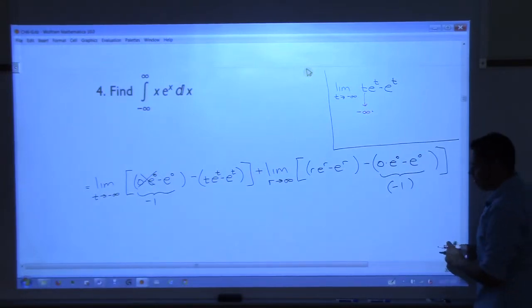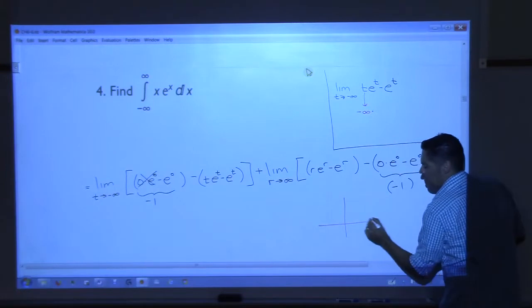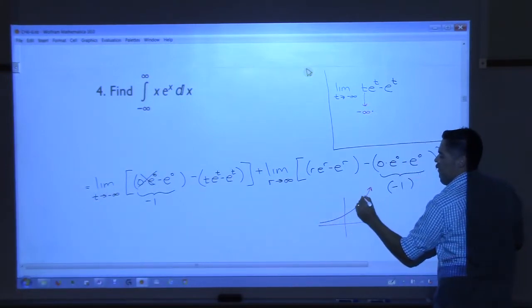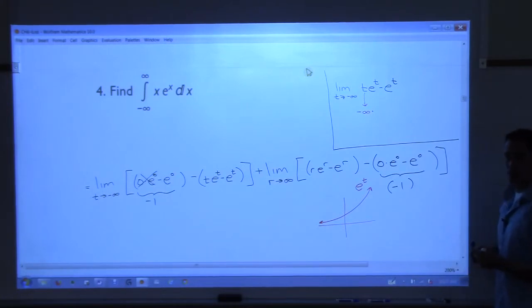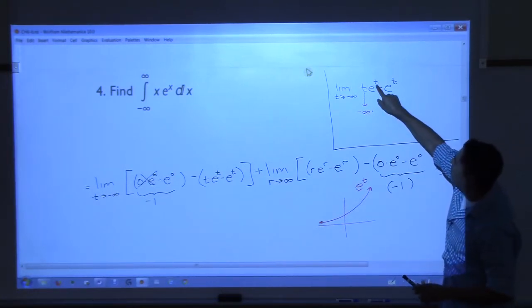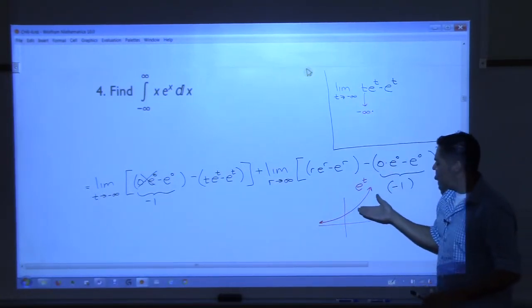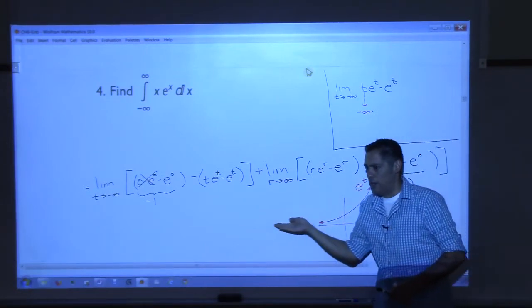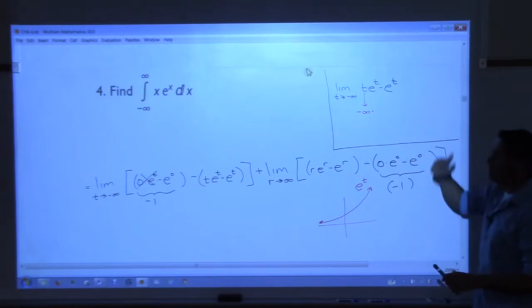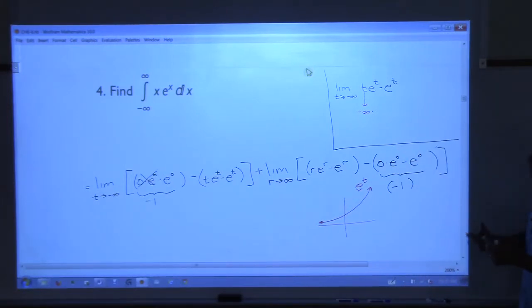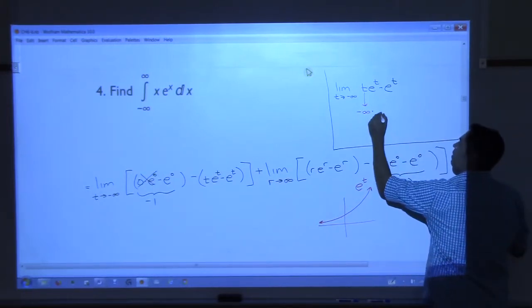So there's kind of two ways you can look at this. If I were to ask you to graph e to the t, this would be e to the t, right? That's your basic exponential function. But if you're letting t go to negative infinity, you're saying what happens to this function as we go to negative infinity? It goes to 0, which is the same as looking at it as 1 over e to the positive infinity, either way. But that goes to 0.